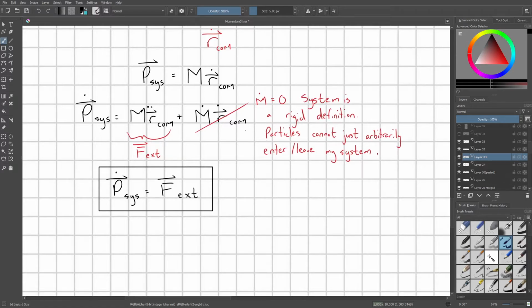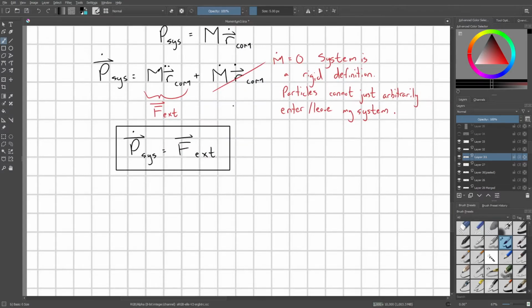So we come up with this statement that P dot of my system is equal to F external. And you could just read this in English to clarify what it means. You say that the external force acting on my system of particles is responsible for changing that system's momentum.